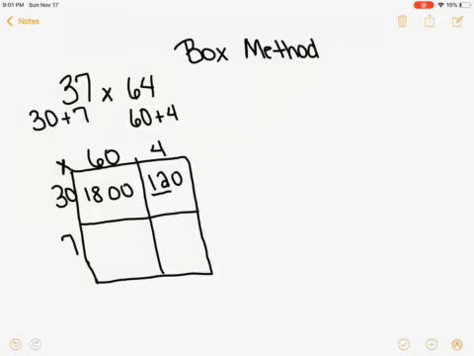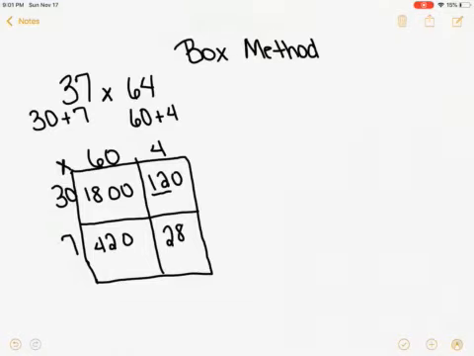And then we add our 1 zero. Okay. We go to 60 times 7, or 6 times 7, which is 42. And then we add our 0. And then 7 times 4, which is 28.